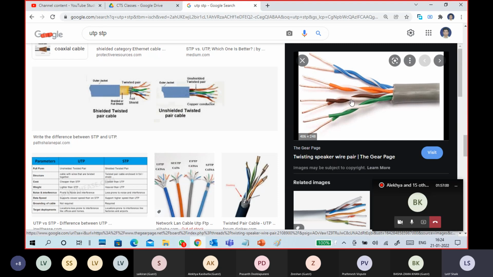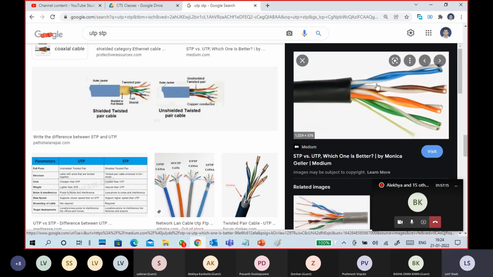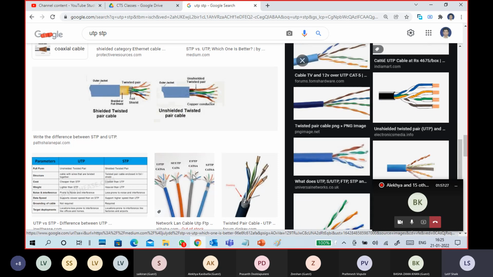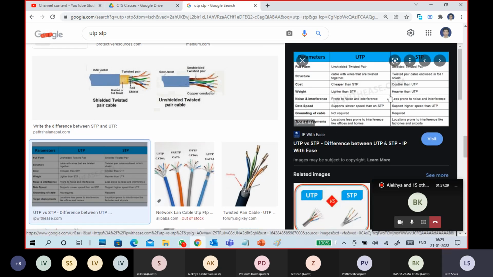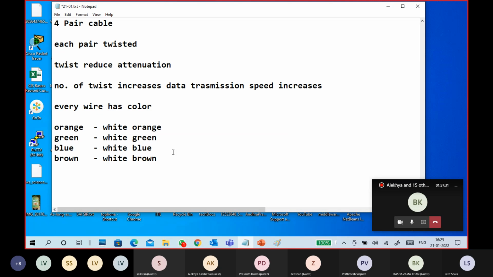The brown wire is paired with a white wire with a brown line on it. The green wire has a white wire with a green line on it. We have to look carefully. Blue, white-blue, brown, white-brown, orange, white-orange, green, white-green. These are the main colors.